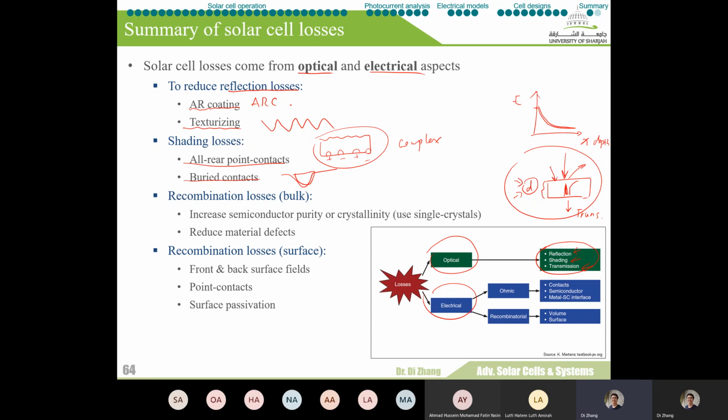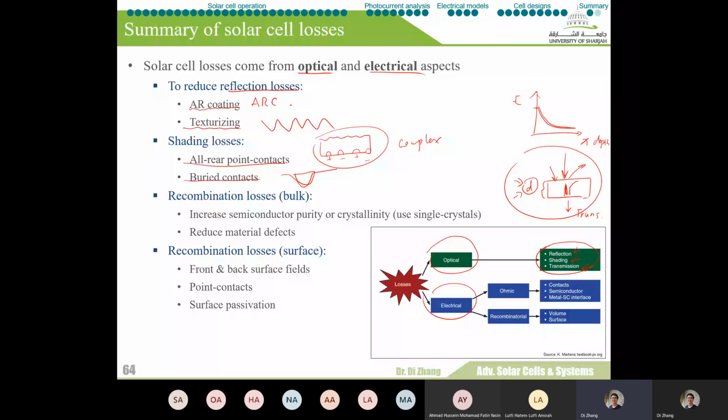You want to make your material of as high quality as possible, with a longer diffusion length, so that you can increase the thickness within a certain limit, and then you can also increase the optical performance. So that is basically how we deal with the optical losses.